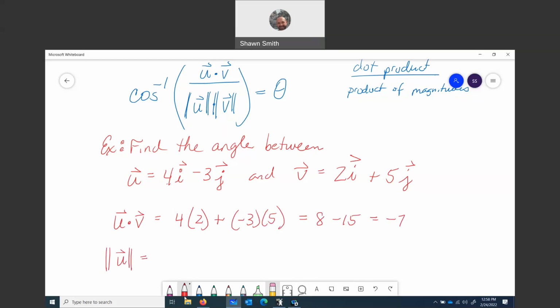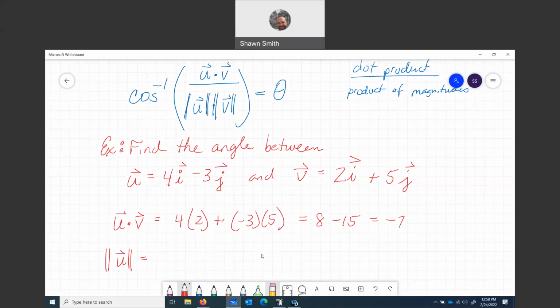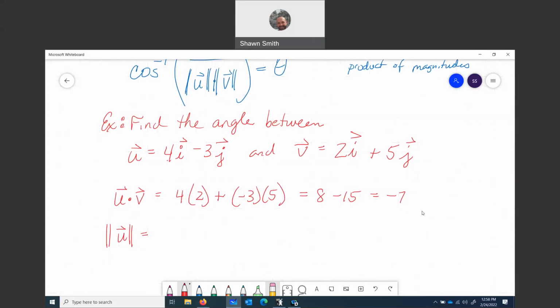So there'll be 3 calculations that you have to figure out, then we're going to go into the calculator. So that's the square root of a squared, 4 squared, plus b squared, -3 squared. And that is 16 and 9, square root of 25, 5.